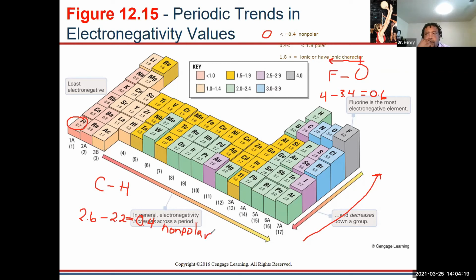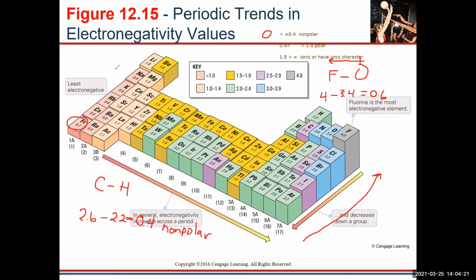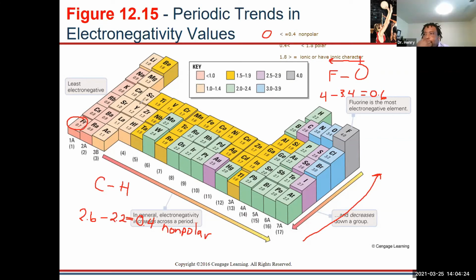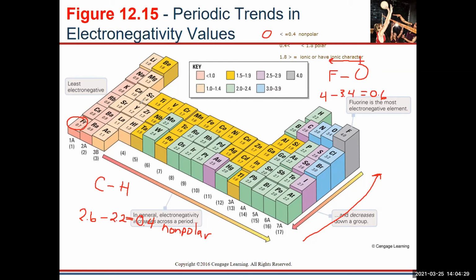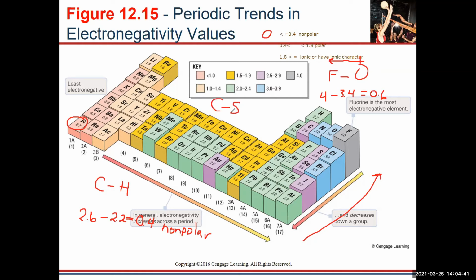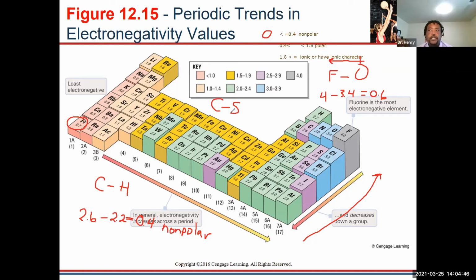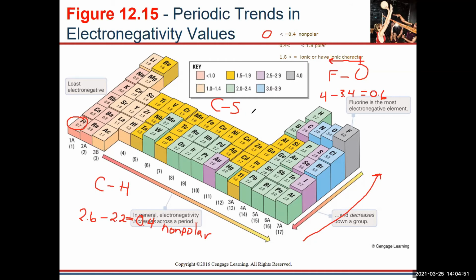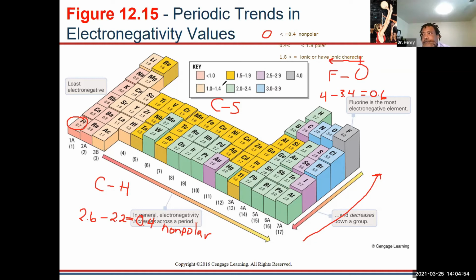Yes. Okay, do you want to do one more? Yes. That key up there is just an indicator of whether it's nonpolar, polar, or ionic with an ionic character. Okay, so let's do a good one here. Can you show an ionic example, Dr. Henry? Yeah, I can show an ionic example, but let's do carbon and sulfur first.